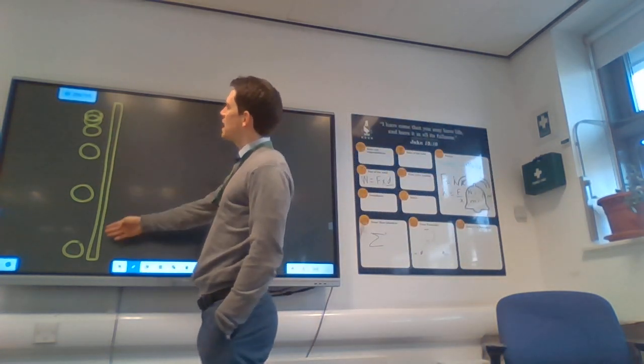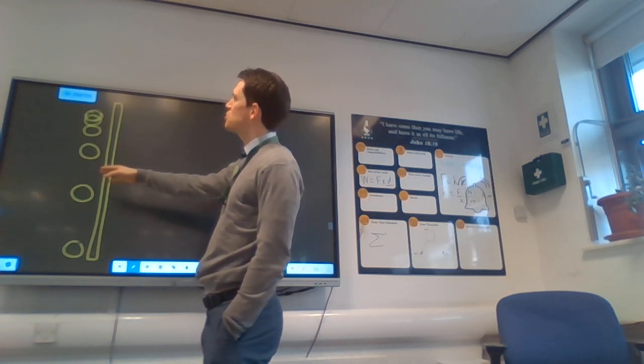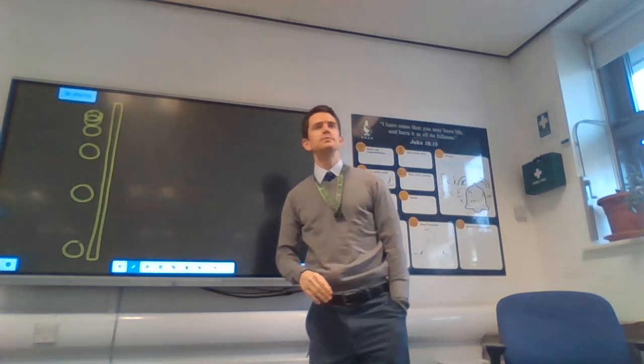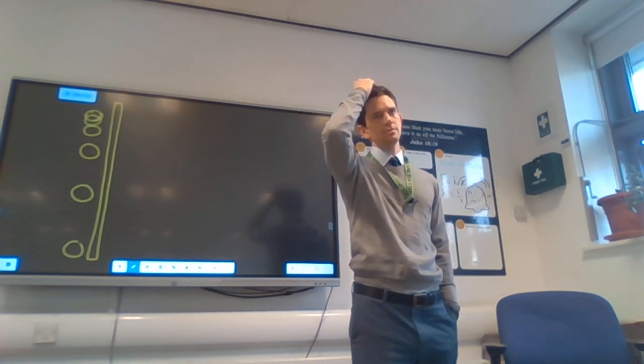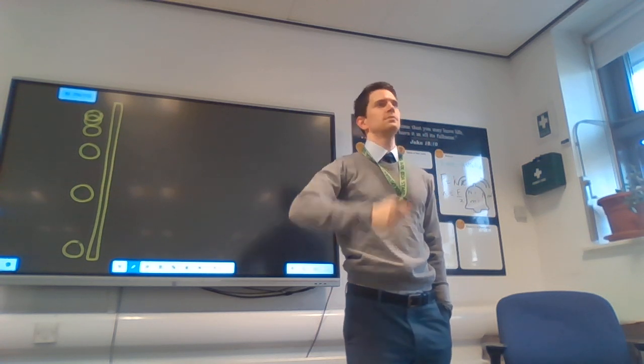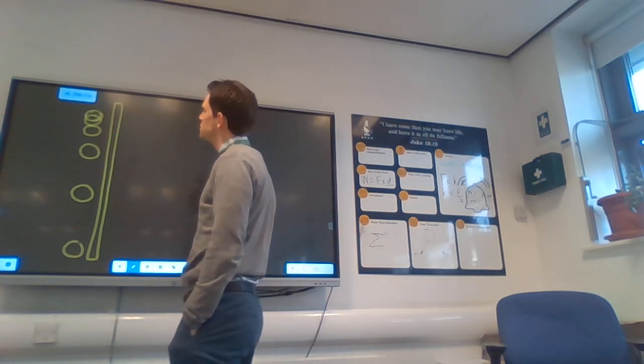So from this diagram, if we had the meter rule and we knew the frequency of the stroboscope, would we be able to work out g? If I knew the frequency of flashing, would I be able to work out g?